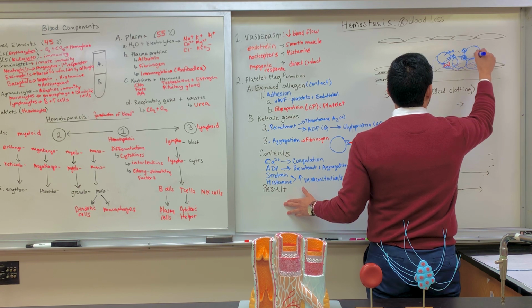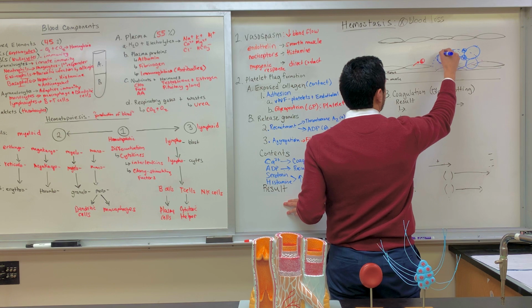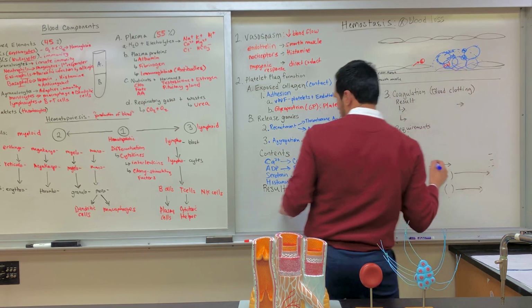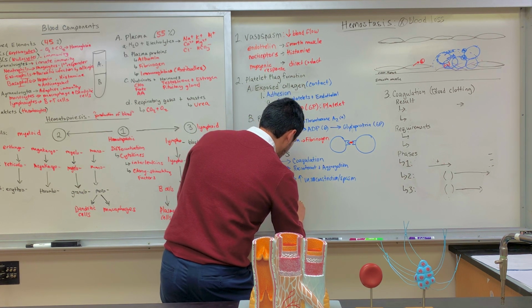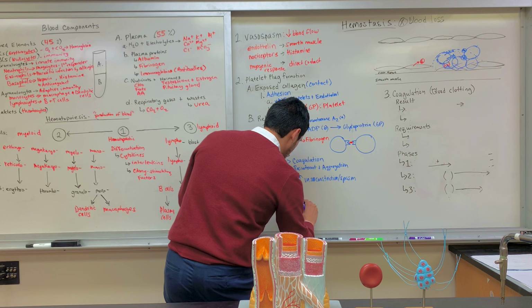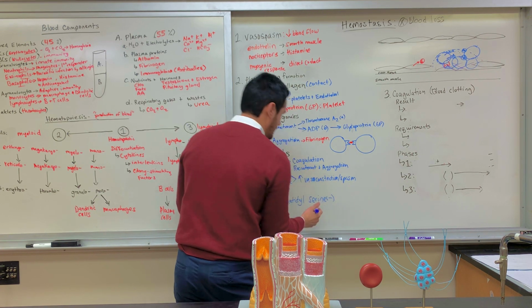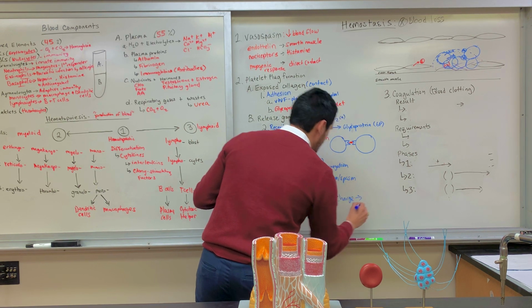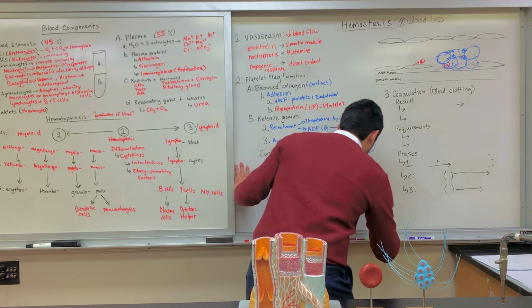This negative charge is on the phospholipid bilayer of these platelets, and it's due to what's known as phosphatidylserine. So it gives it its negative charge. This is important because this is necessary for some of the particular steps for blood coagulation.